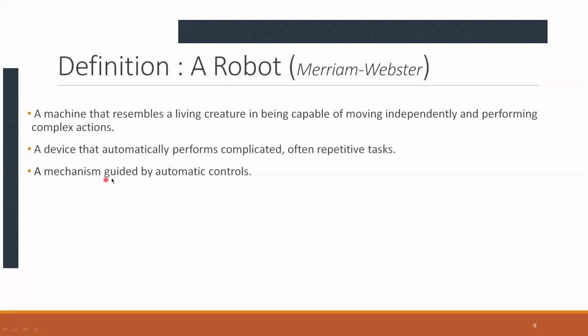And the third definition discusses mechanisms guided by automatic control. So it's a very vague definition. Using this definition, any machine that operates autonomously would be classified as a robot.